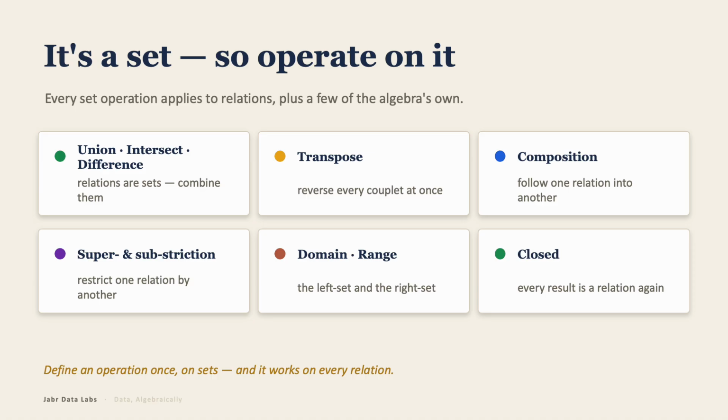Composition lets you follow one relation into another. Superstriction and substriction restrict one relation by another. You don't need to memorize them now. Each earns its own lesson later. The point is the leverage. Define an operation once on sets, and it works on every relation you'll ever build, and every result is, again, a relation.